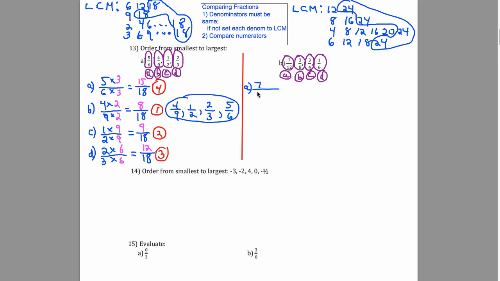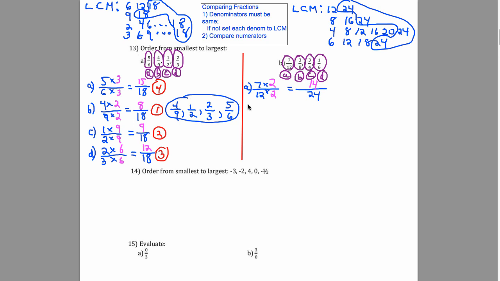So we need to get the LCM of 24 in the denominator. So therefore we're going to have to multiply 12 by something to give me what I need, 24. So we see that 12 times 2 is 24. So we have to multiply the 7 by 2, and we get an equivalent fraction of 14/24.